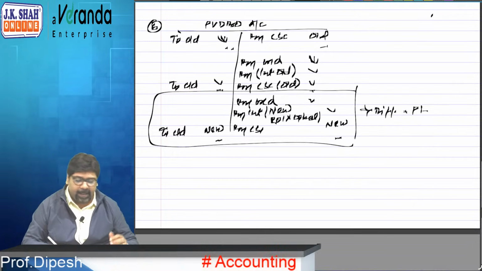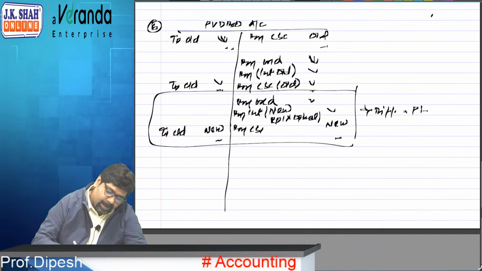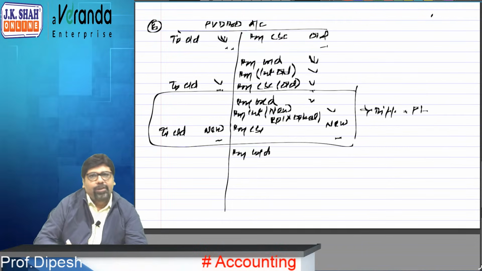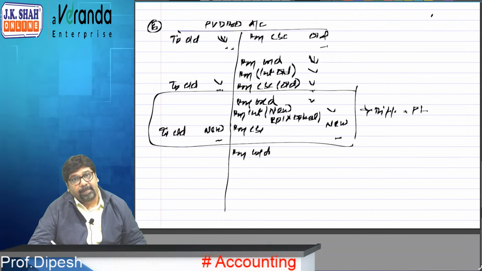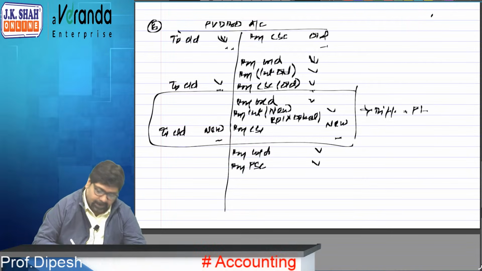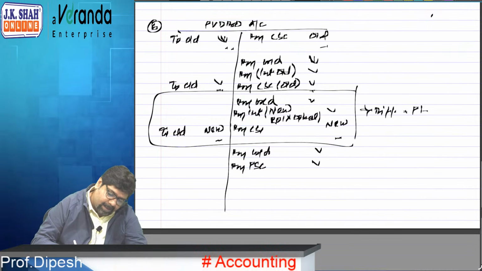Correct? Now, again brought down. So this is your changes in actuarial assumption. Then charted your PVDBO opening balance by PSC. Correct?